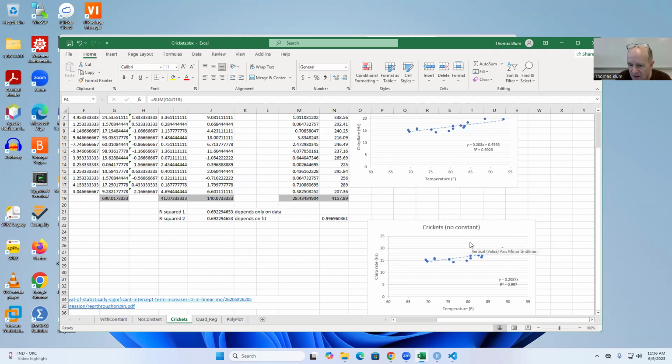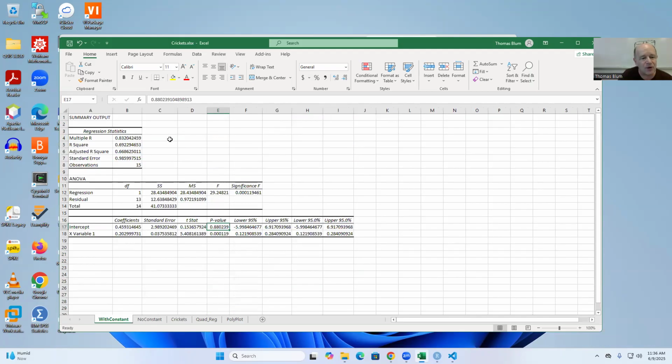Then, as I said, Excel allows you to set the constant to 0. In fact, it allows you to set the constant to anything. And so here is the plot with the constant set to 0, and the R-squared is going up. I redid the regression in there, and so this is the original regression.